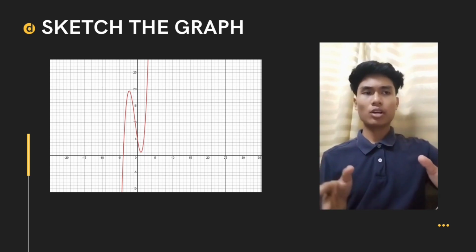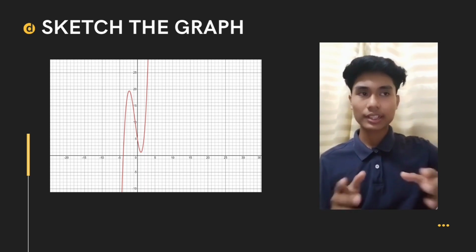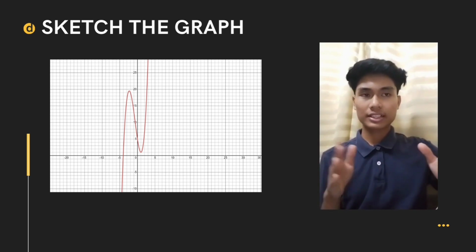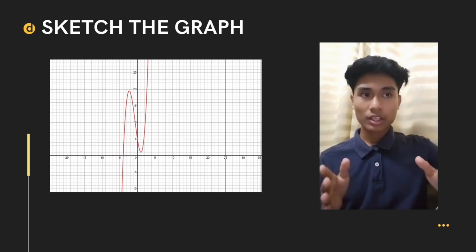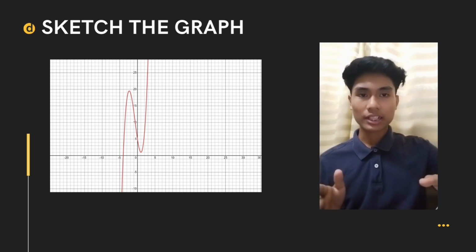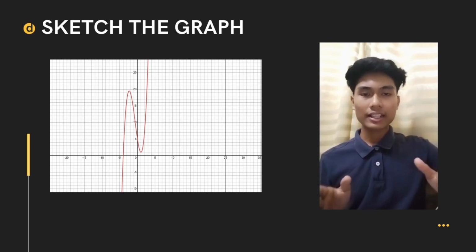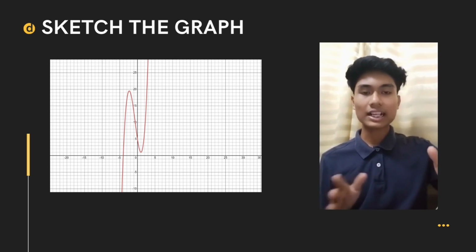After getting the minimum and maximum points for this question, we get the shape of the graph as written, where 1, 1 is the minimum point, and negative 2.333, 19.52 is our maximum point.